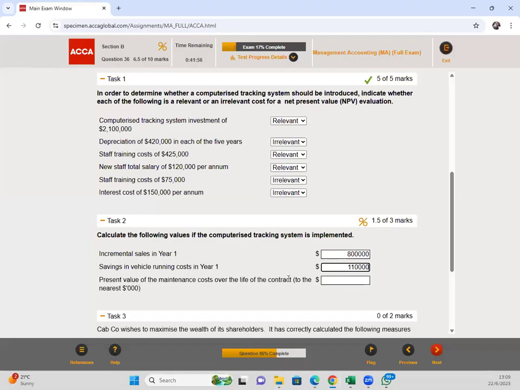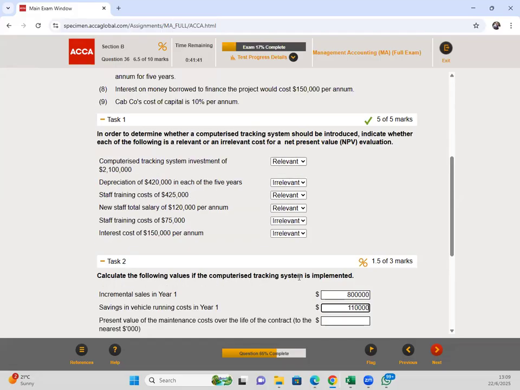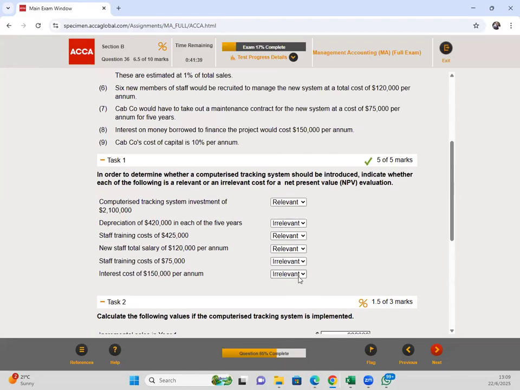Then the next one is saying, what is the present value of the maintenance cost over the life of the contract? What was the issue about the maintenance cost?